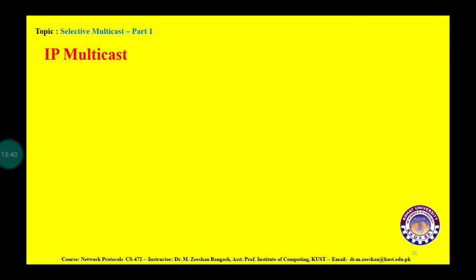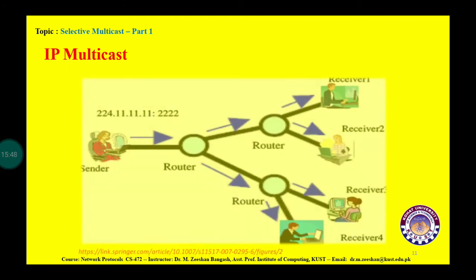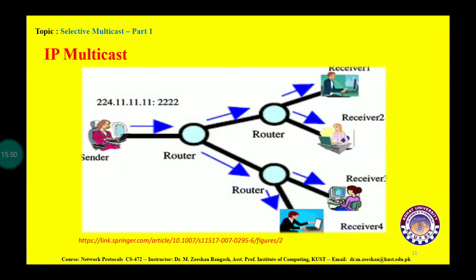Now let's look at this diagram of IP multicasting and how it performs its operation. There is a sender, and this sender sends information to a particular node, which might be a multicast switch or a router.